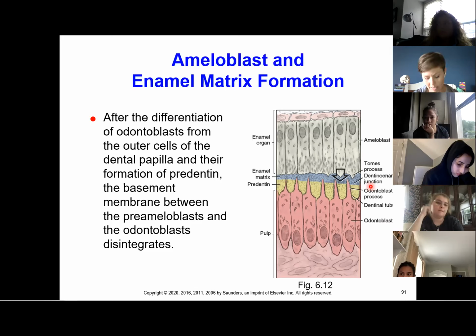It's maybe not the most technical term, but I think it can be seen right there. So know that the Tomes processes secrete the enamel matrix and form that enamel.